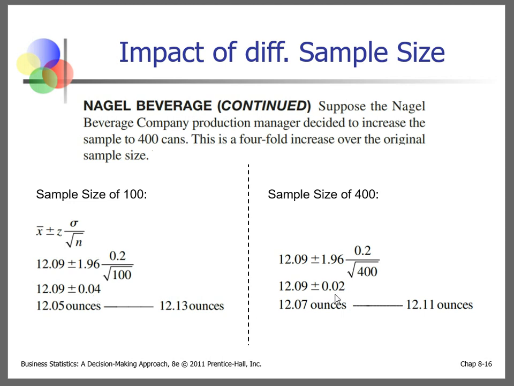With this, the production manager was able to reduce the margin of error without reducing the confidence level. However, the downside is that sampling 400 cans instead of 100 cans will cost more money and take more time. And that's the trade-off.